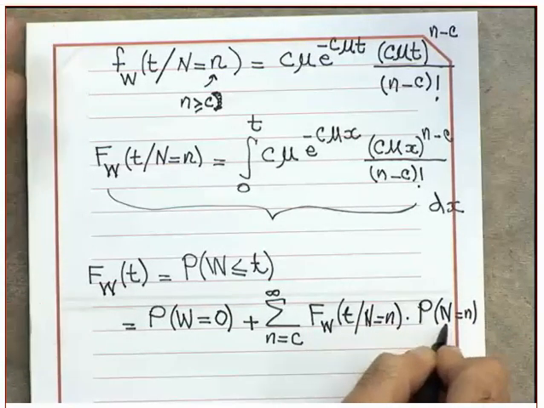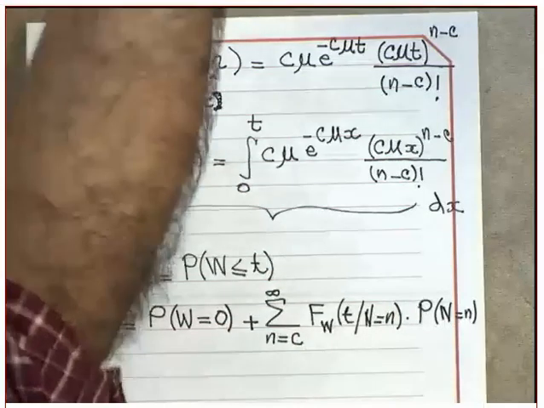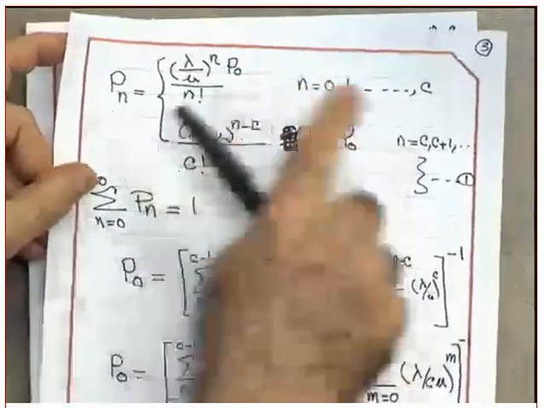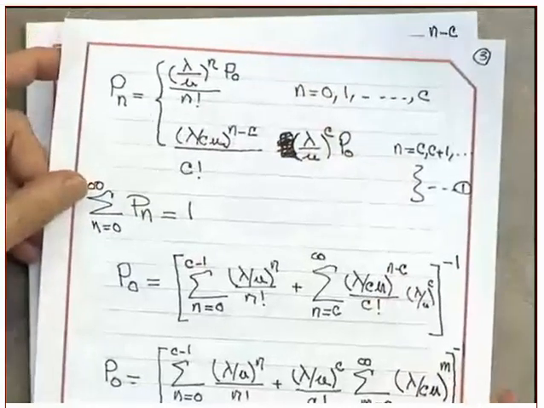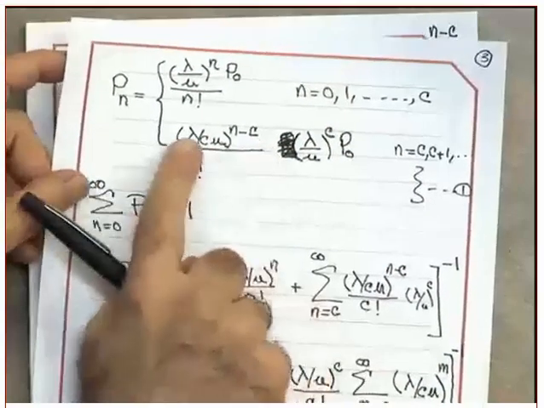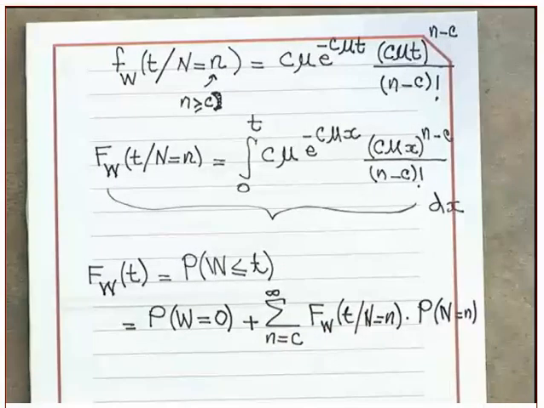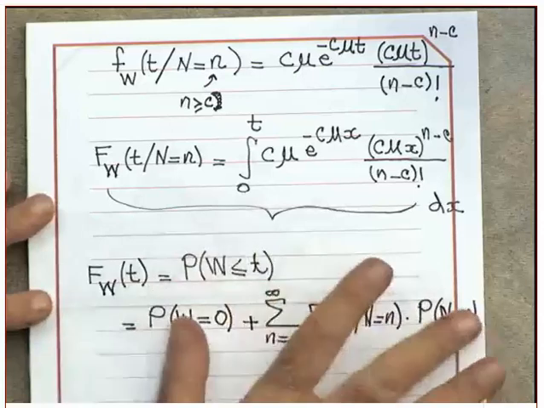What I plug here is this one. Only this one, not this one. Did you get my point or not? Plug this one here. Clear? And then, I'm not going to continue with this. You do it at home.